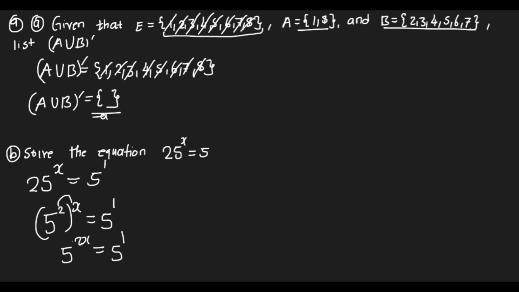Now after we are done making the bases the same, we can cancel them. Then we'll just consider the powers. So our final answer will be 2x is equal to 1. If we divide both sides by 2, x is equal to 1 over 2. So this is how we can solve an equation where we have the letter as a power.